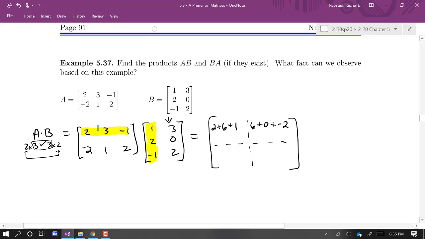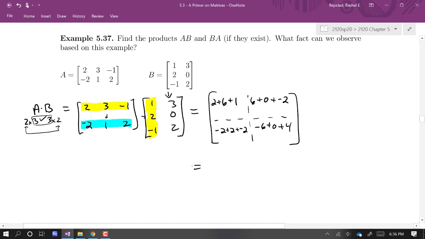Now let's do the same thing, but using the second row. -2 times 1 is -2. 1 times 2, moving over and down, 1 times 2 is 2. 2 times -1 is -2. And second row, keeping with the second row, times second column, that's -2 times 3 is -6, plus 1 times 0 is 0, plus 2 times 2 is 4.